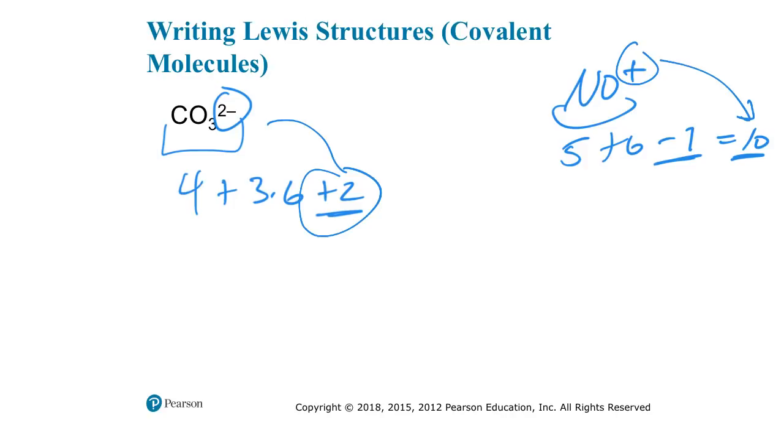So for carbonate, we have a total of 18 plus 6, that's 24 electrons. Central carbon. Oxygens, give them their octets. An octet for the last one.